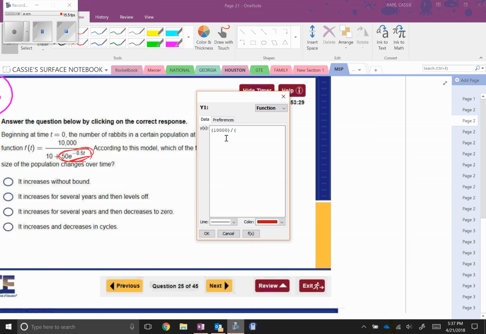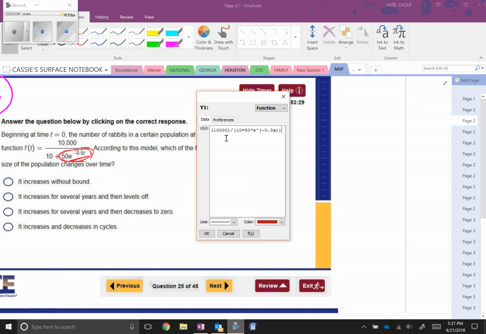The denominator is 10 plus 50 times e to the power of, and since it's to the power of more than one thing, I'm going to put parentheses, negative 0.5, and remember x is the variable you have to use here. Okay, so I'm going to close the exponent, and close the denominator, and then hit OK.